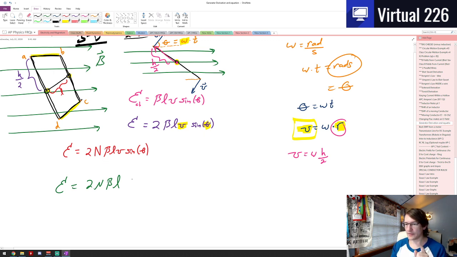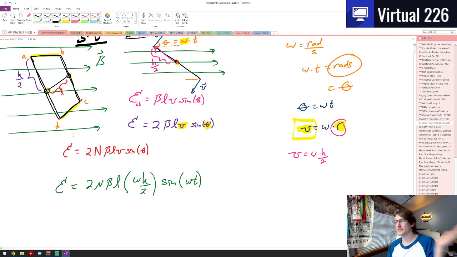We know that this velocity here is really going to be omega h over 2. And we know that sine of theta is really sine of omega t. Because those are things I can measure. I can measure the rate I'm spinning this object. So I use omega t equals theta in order to get rid of that theta, and I use omega times h over 2 to get rid of the v.